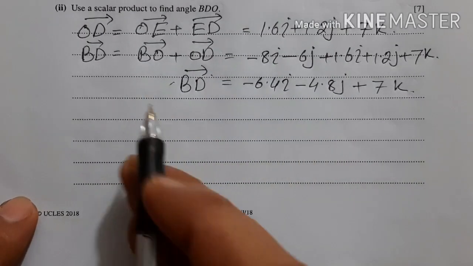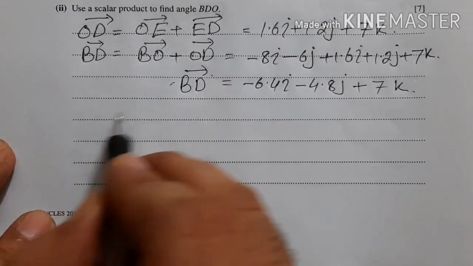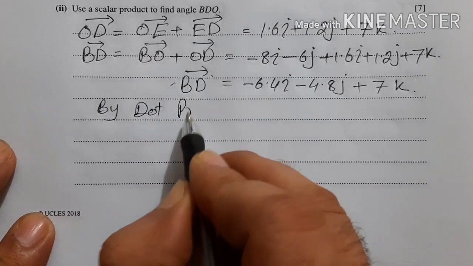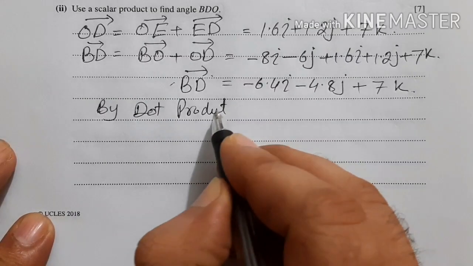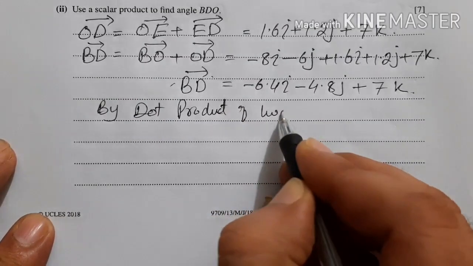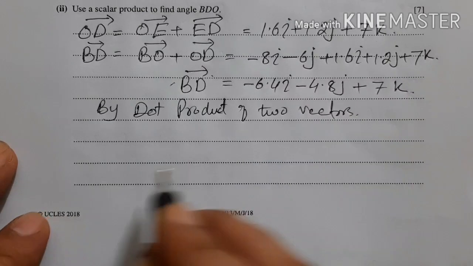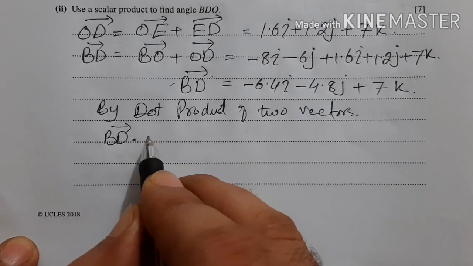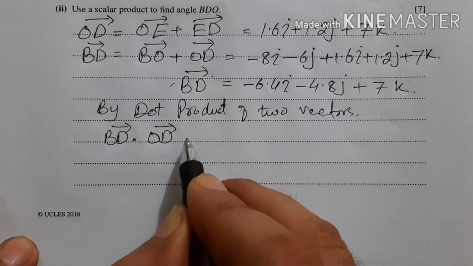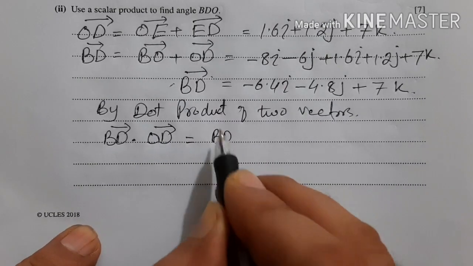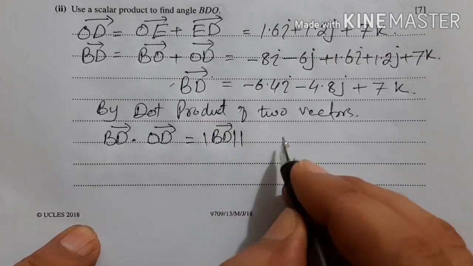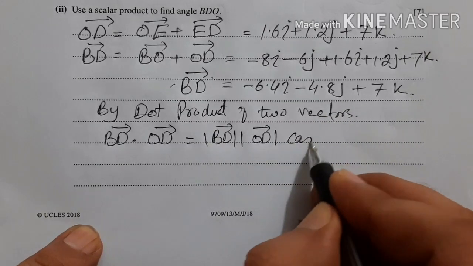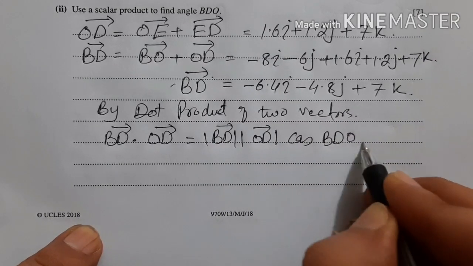Now we know the dot product of two vectors: BD vector dot OD vector is equal to BD vector magnitude times OD vector magnitude times cos BDO.